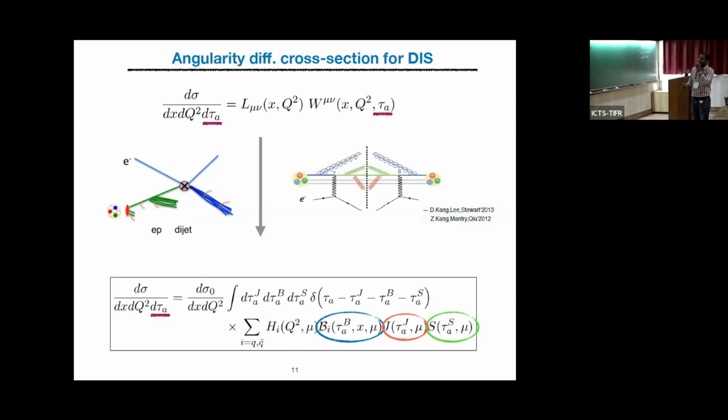Our final aim is to calculate the angularity differential cross section. We have this hadronic tensor, and by using factorization in SCET, we can write down this angularity cross section in terms of the hard part, the beam part, which comes from the initial state radiation, the jet part, which is this one, and the soft part.